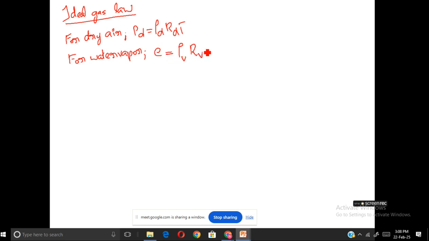In the case of dry air, we have Pd equal to rho d Rd into T. And in the case of water vapor, the pressure, which is the vapor pressure, is denoted by E, and E equals rho v Rv into T. Rd has a value of 287 and Rv for water vapor is 461. These things we are already familiar with.